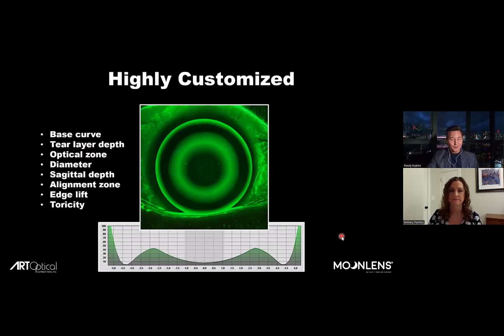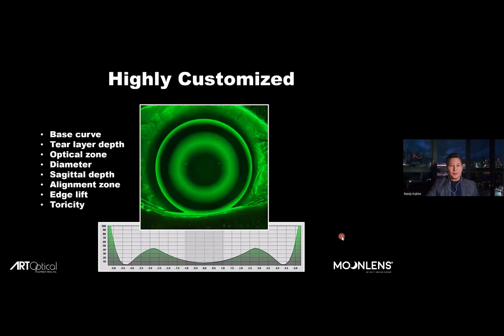So kind of cool. So with this MOONLENS, you're able to get a lens that's highly customized. This is a next generation of ortho-K lens. It wasn't just designed to create ortho-K. It was designed to create different optics for the adults and for the kids. It was designed to create better outcomes for your astigmats.